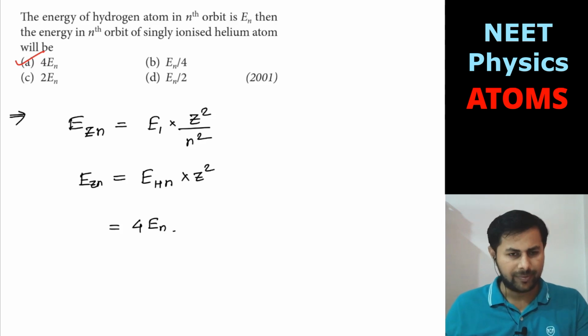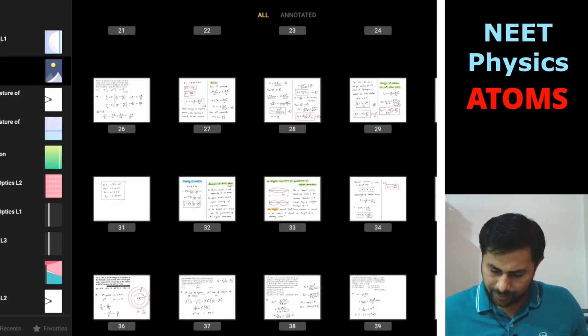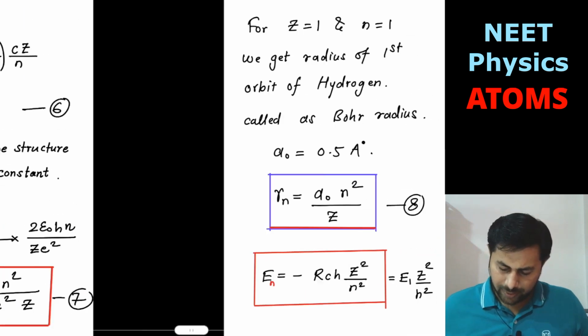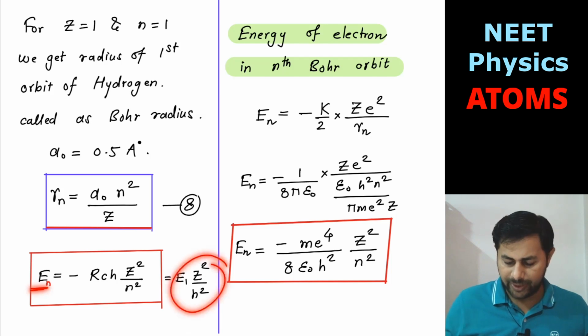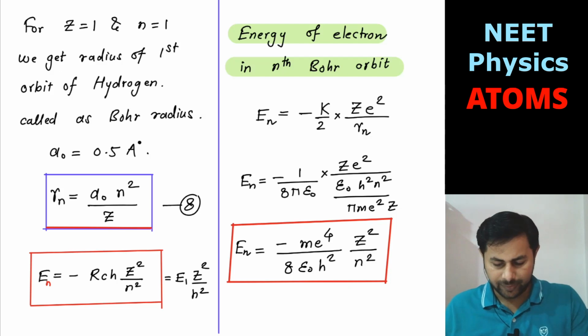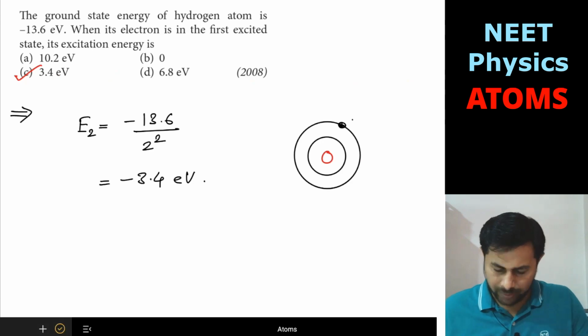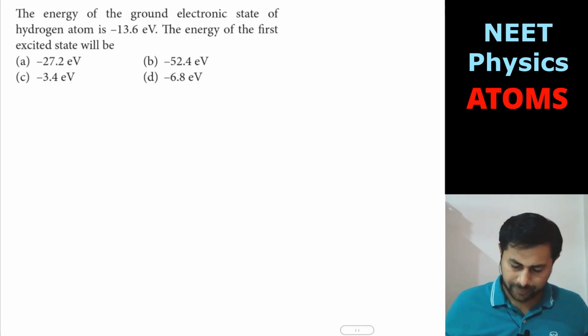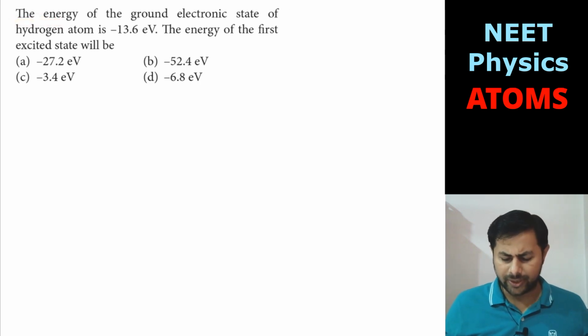Yes, no? Tell me. We have used this formula. En is equal to what? E1 times Z square by n square. Good. Now the energy of ground state of hydrogen atom is minus 13.6 electron volts.